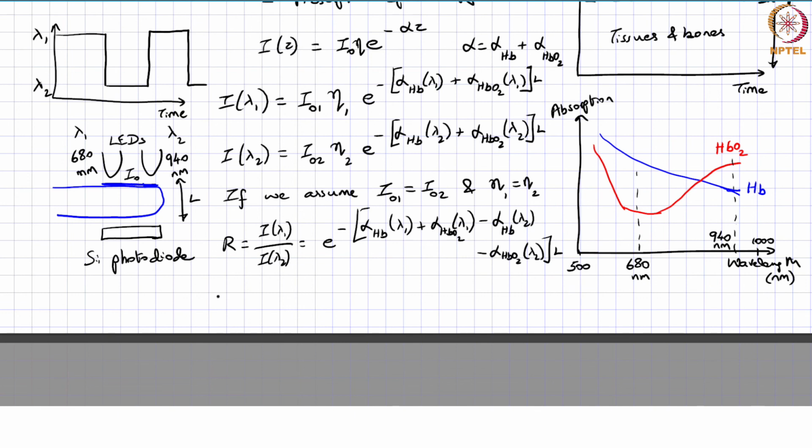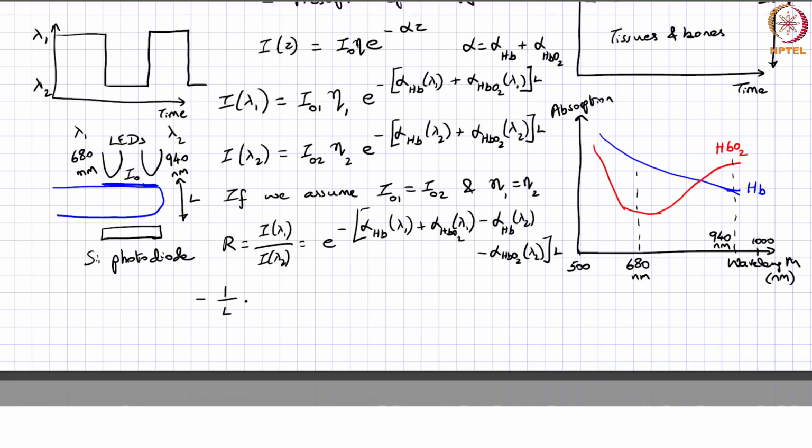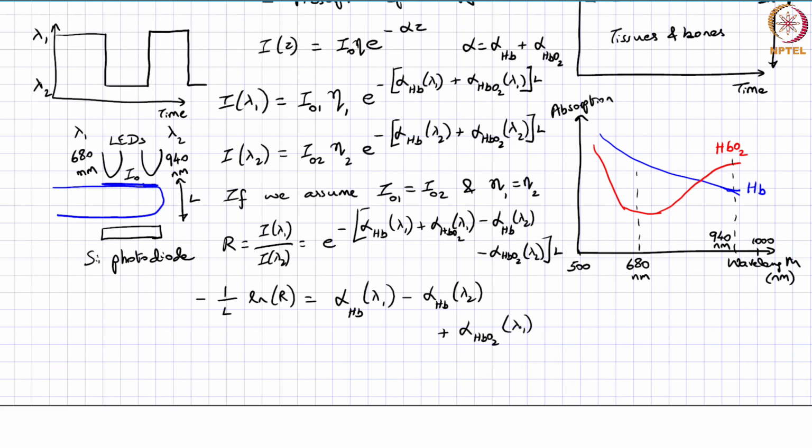So you can rearrange it, and this will become minus 1 over L ln of R is going to be given by alpha Hb of lambda 1 minus alpha Hb at lambda 2 plus alpha HbO2 at lambda 1 minus alpha HbO2 at lambda 2. Okay.